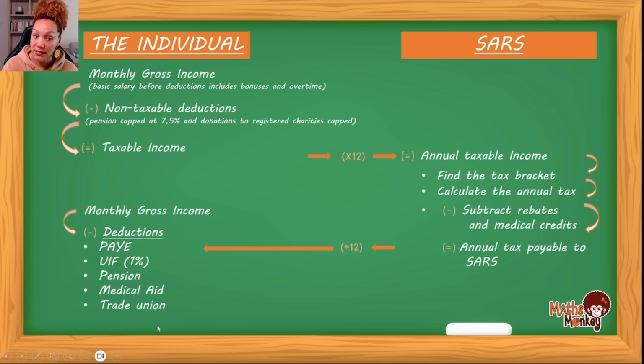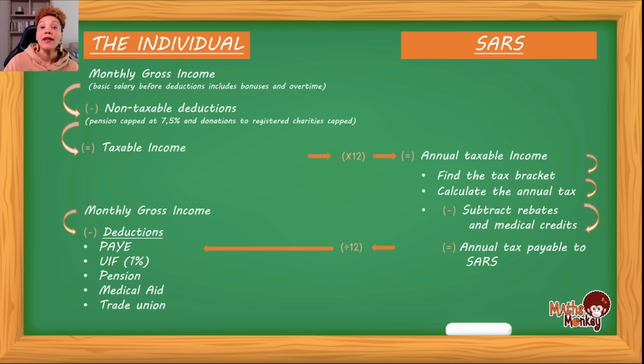and whatever other deductions. Please take note here, this pension is actually what they pay per month toward their pension, but the pension at the top here is just the value that they get that's discounted, so that they can actually calculate the taxable income that they get because they actually have pension.